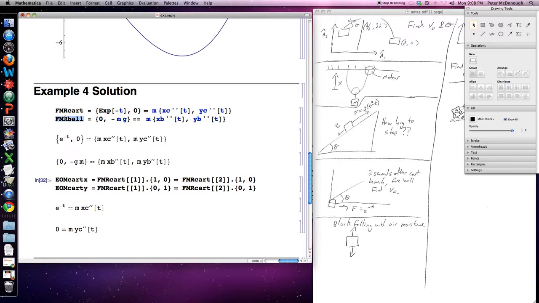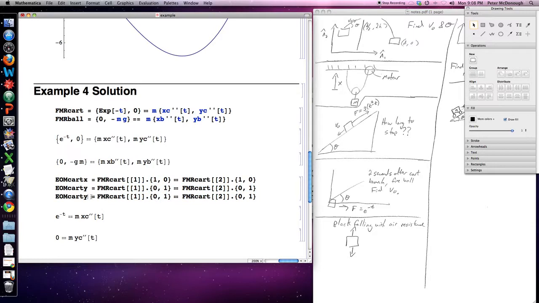All right, then we'll also create the same thing for the ball. So let's just copy this word, FMR ball. So Control C. All right, so EOM ball. We'll do the FMR ball, Control V. Put this in the x direction. So if this is in the x, then this also has to be in the x. And then x direction.